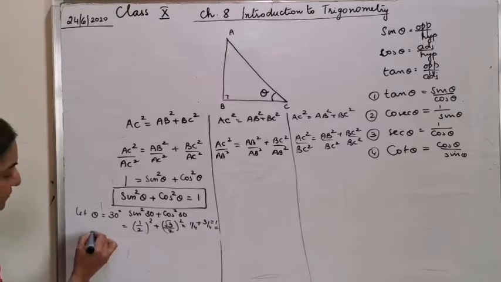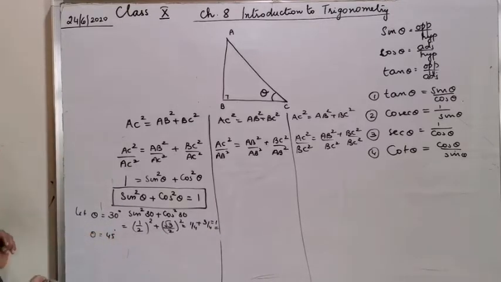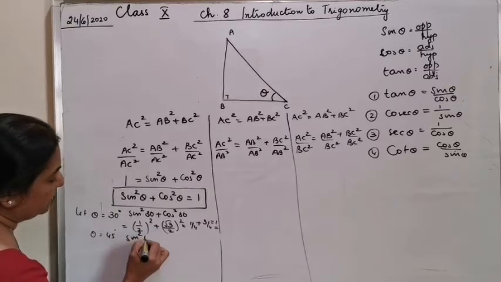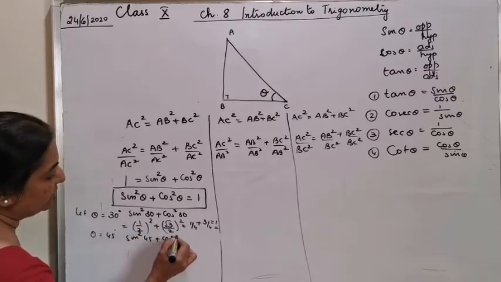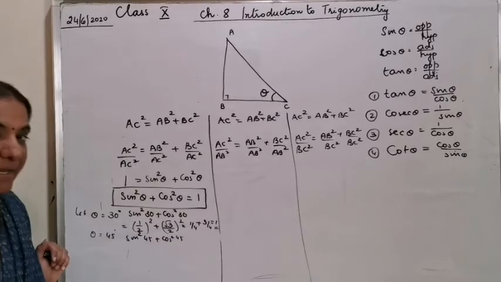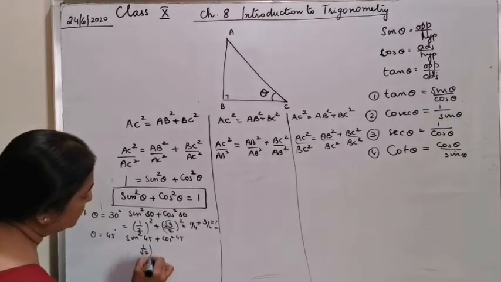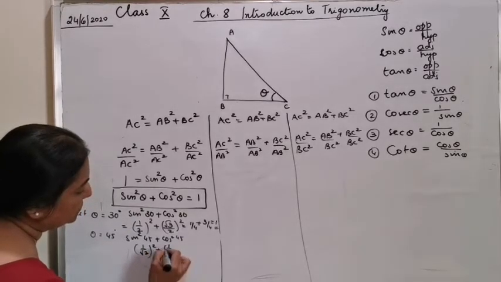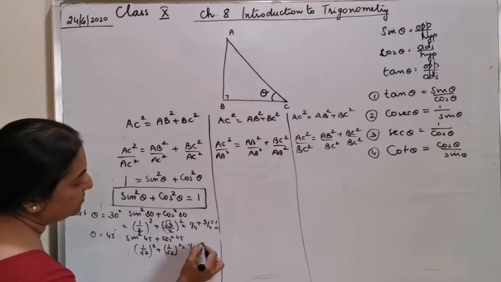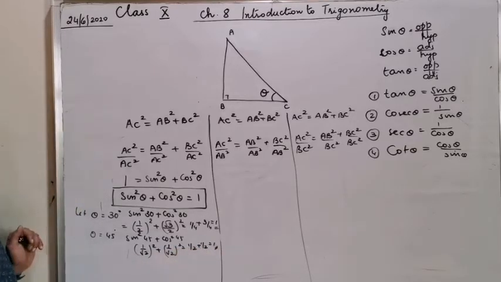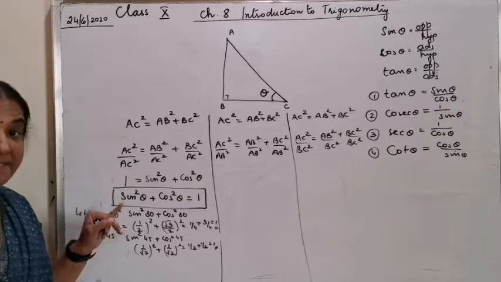Another example, theta as 45 degree. Sine square 45 plus cos square 45. If you remember the values, it is 1 by root 2 the whole square plus 1 by root 2 the whole square. 1 by 2 plus 1 by 2 is giving you 1. It shows that it is an identity.